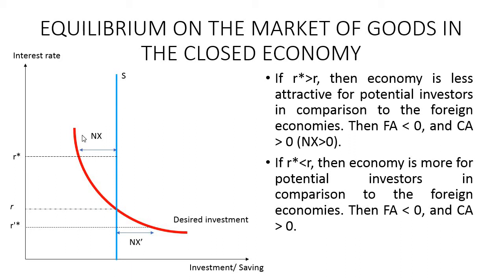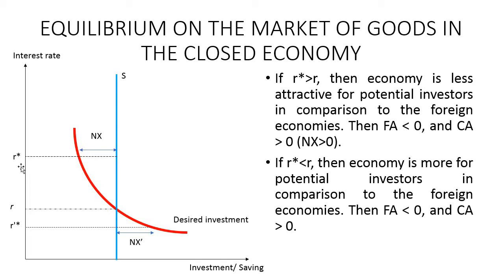So take a look here. On the intercept of desired investment, I, and national savings, we would have equilibrium domestic interest rate. However, since domestic economy has no power in affecting interest rate in the world, instead it just takes world interest rate as given.